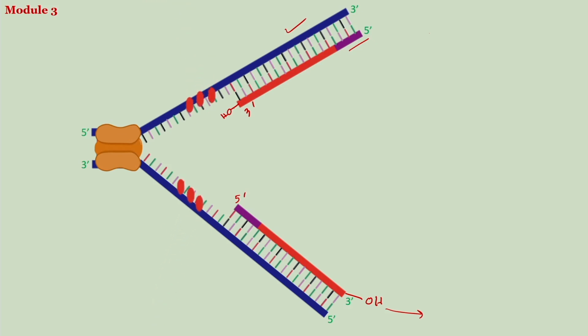So, again, once the replication fork is created, you need to stabilize it, and that is done again by the single stranded binding protein. For this strand, you need the RNA primer again, but for this strand you do not need it. So, polymerase will come and bind here straight, because it already has the base.